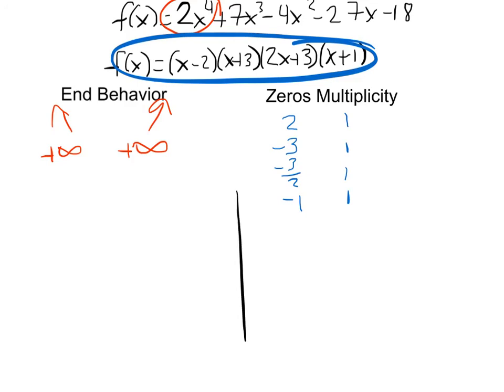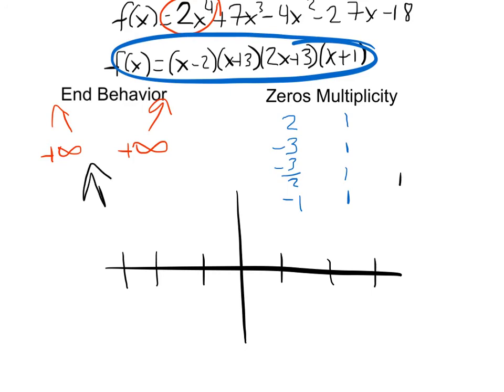So to sketch this graph, I'm going to start with the end behavior. I know it's got to start at positive infinity and end at positive infinity. Now in between, I look at my zeros. I'm going to place all of them on the graph: 2, negative 3, negative 3 halves, and negative 1.